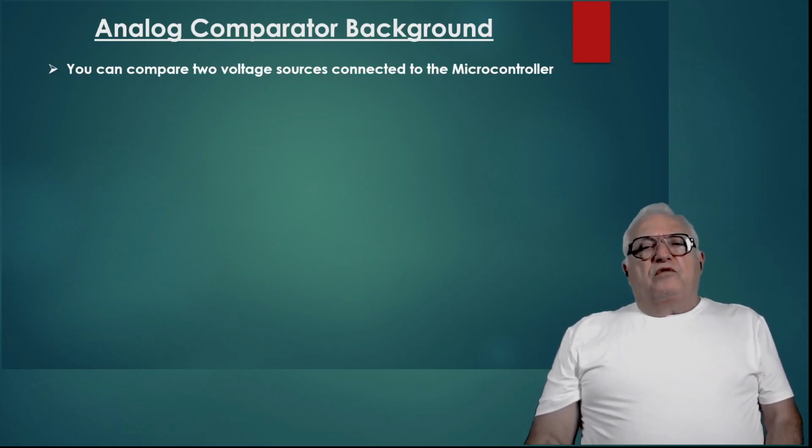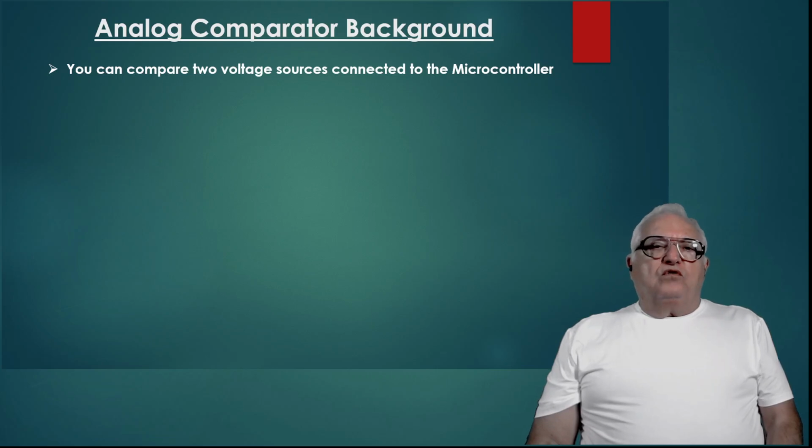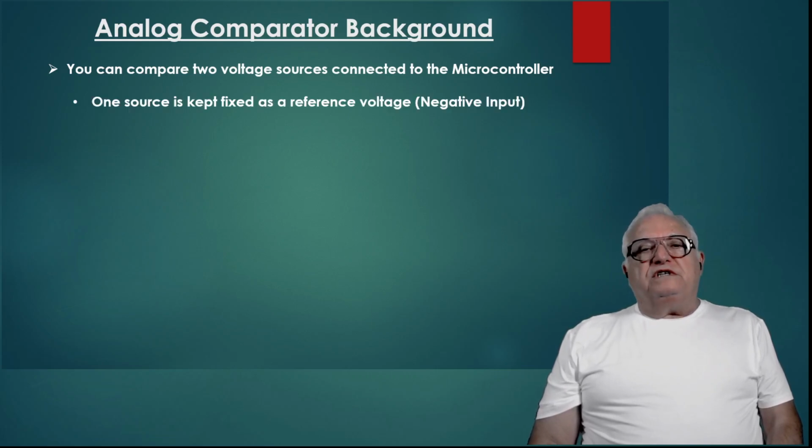The Analog Comparator allows us to compare two voltage sources connected to the microcontroller. One source is kept fixed as a reference voltage, and this is referred to as the negative input.